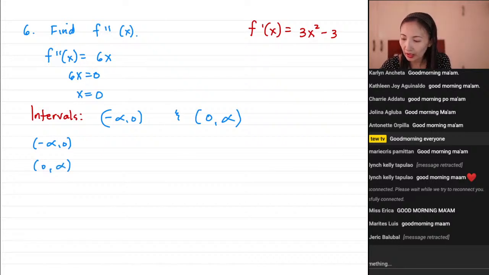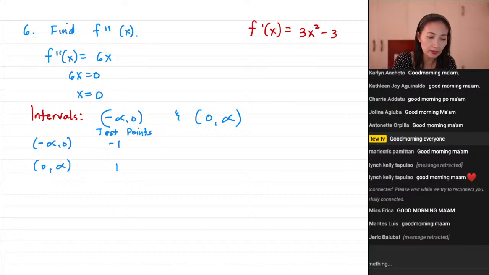And then we identify test points. Give me an x value which is found in this interval. Let's say negative 1. And how about the interval 0 to infinity? I will get positive 1. So now we apply the second derivative. In the previous step, what did we use?